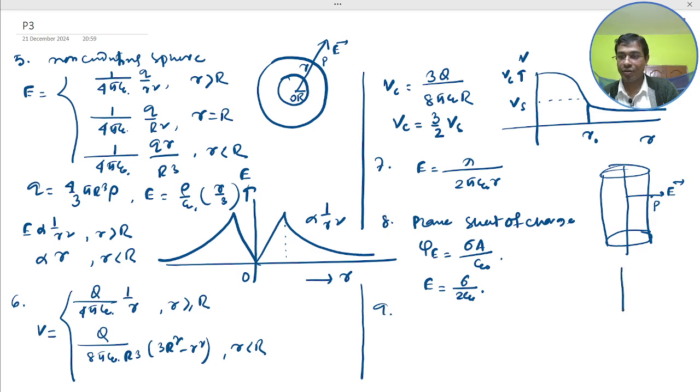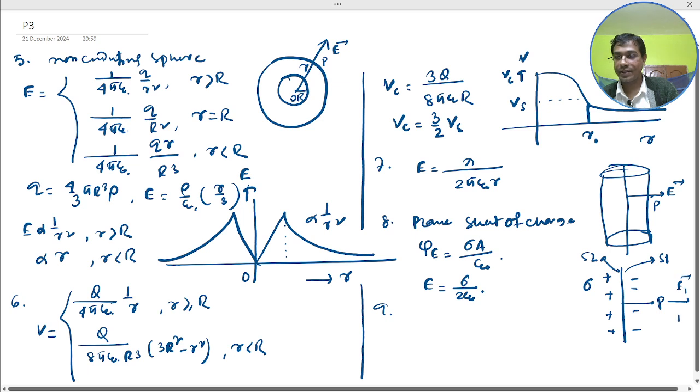This is a charged conductor. This is sheet 1 and sheet 2. Here the charge is positive, this is negative, and sigma here. So we have to find the electric field at this point, E1 and E2.